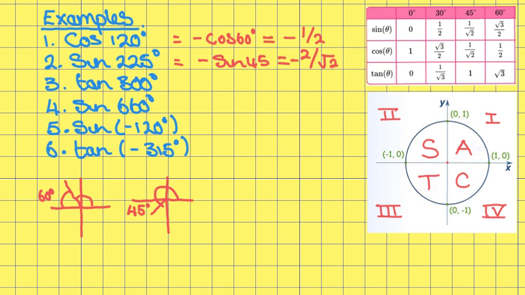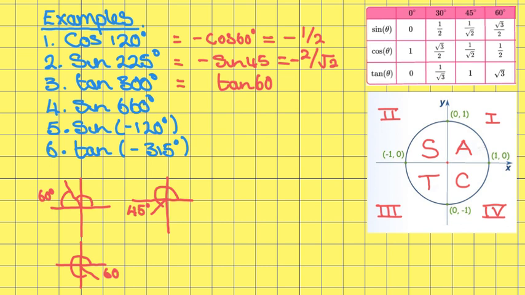If we look at number 3, we want tan 300. So if we draw our diagram, 300 is in quadrant 4, so that's 300. So our angle is 60 degrees. So that is equal to tan 60. Now we just need to decide whether it's positive or negative.